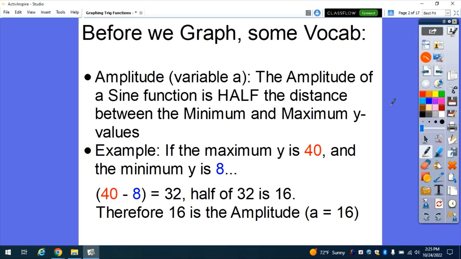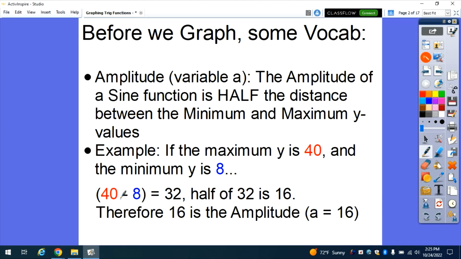The amplitude of a sine function is half the distance between the minimum and maximum y values. So, if your maximum y is, say, 40, and your minimum y is 8, you find the distance between them, and you find that by subtraction.